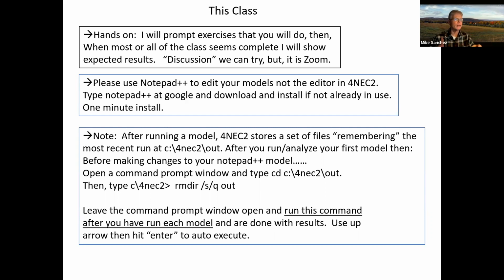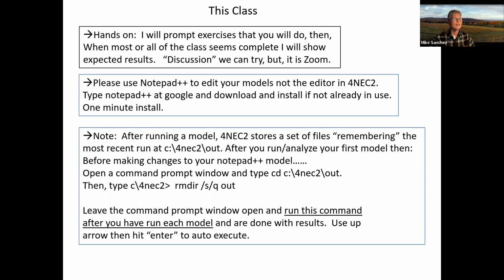Then when you close and go to dinner and come back and you open up 4NEC2 again for that file, all of your results are still there. You don't have to rerun your model each time you launch.